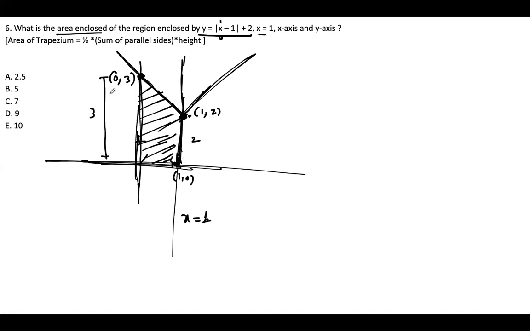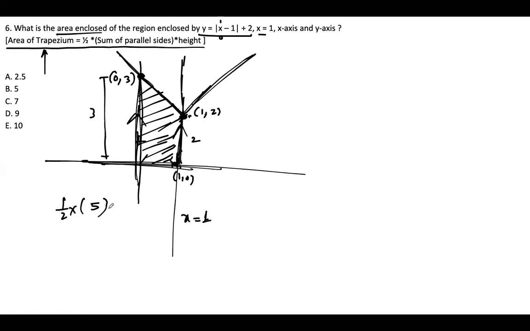Yes. And that is why, since this might not be the case, even the question stem can provide this information. The area of a trapezium is half into the sum of parallel sides into height. So what are the parallel sides? This and this. Equal to 1. I had actually done it by dividing the area into a triangle and a rectangle and done it separately.